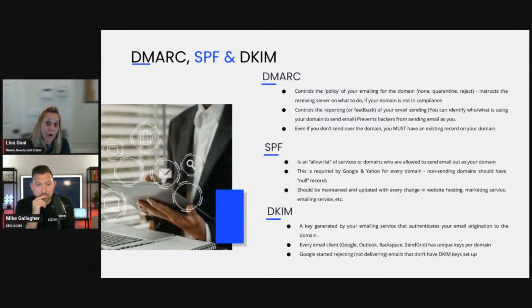I can't tell you the number of domains that I have audited in the last 3 months. Out of 1,200, probably 2% may have that step completed. Wow. Nobody had that step completed.